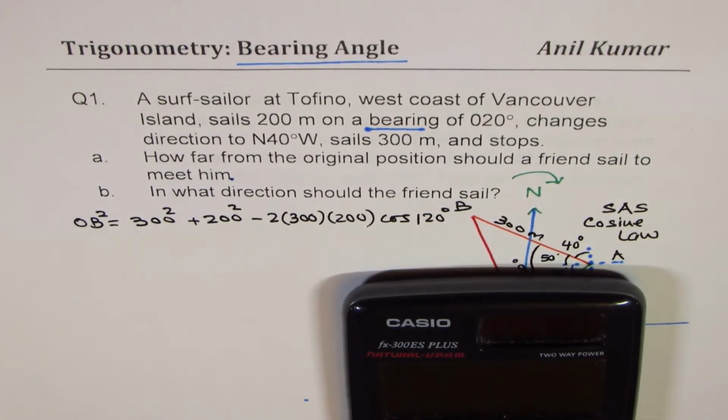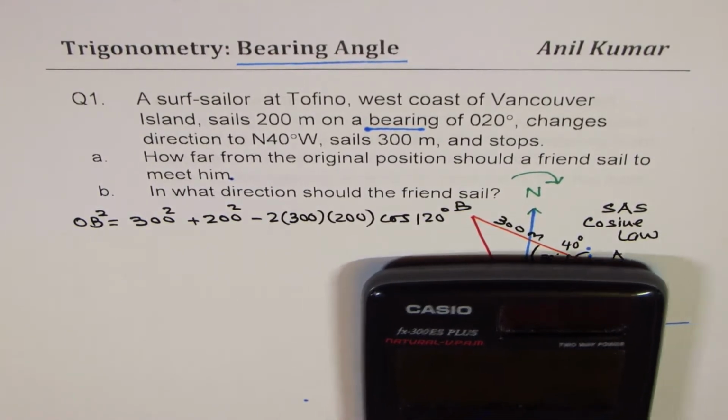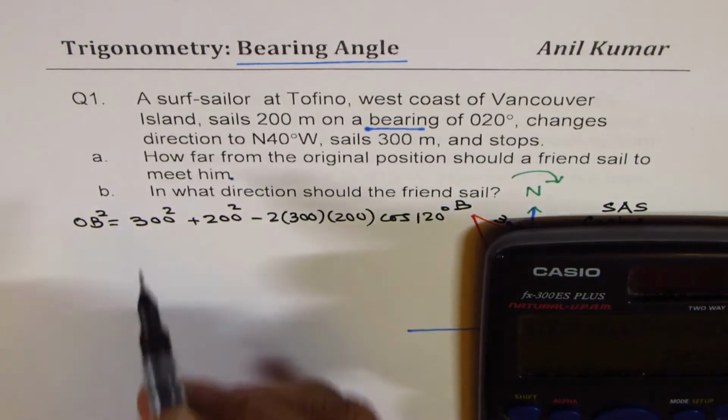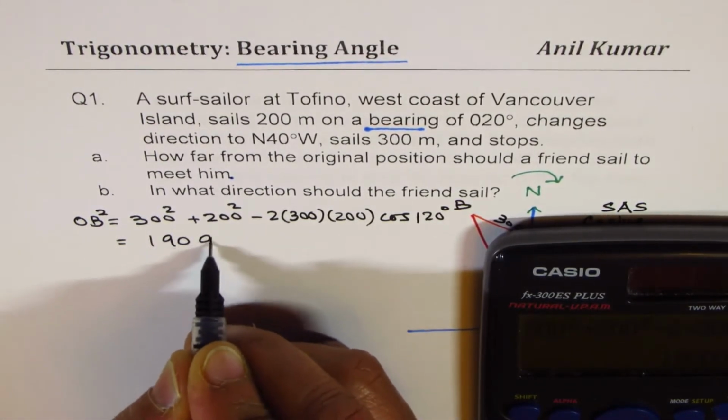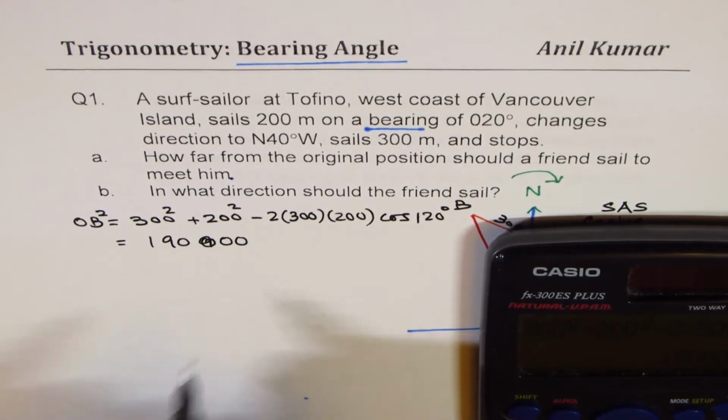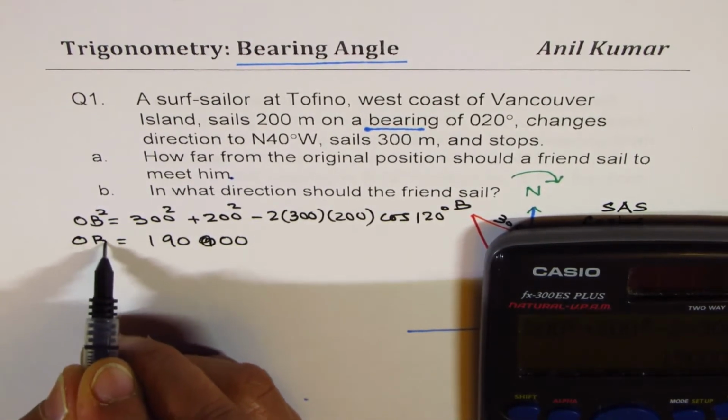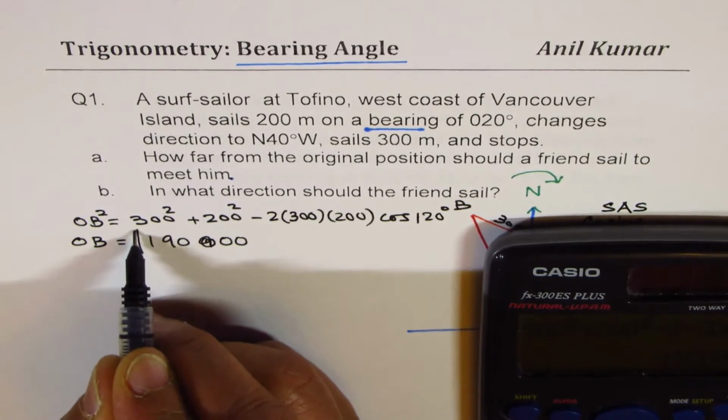It is 190,000. If I have to find what OB is, I will do square root of this.